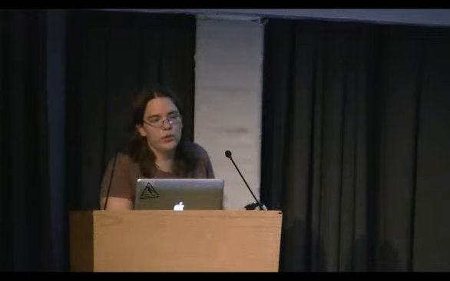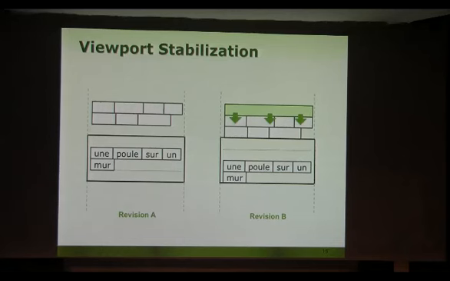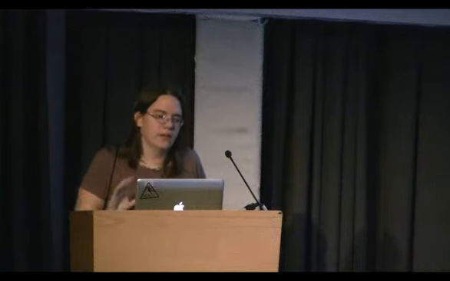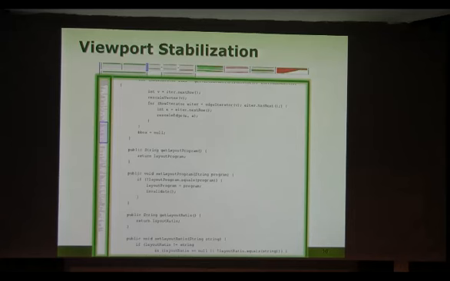As in this example, if we had one line above the viewport, it can make everything go down one line because something has changed previously, below. Obviously, we don't want changes that occur outside of the viewport to alter the content we are actually looking at. So we have implemented a stabilization technique.